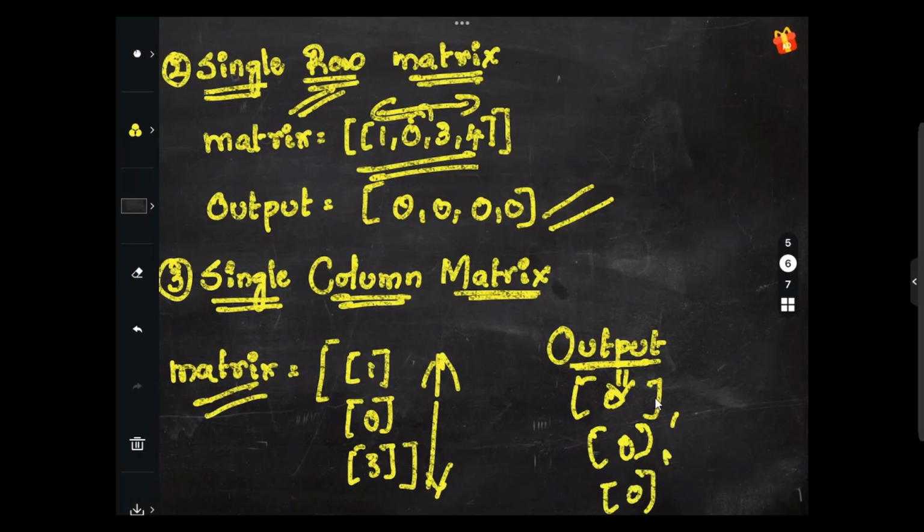In this case it will be 0, 0, 0, meaning the entire column will be 0 if we consider the output in this way. So the output will be 0 because we have to convert the column and row. We have a single element in the row, so this is already 0. This entire column becomes 0 here. So this is for the third edge case.